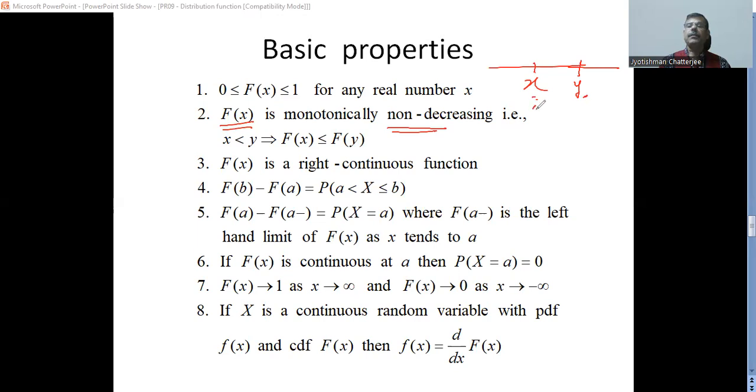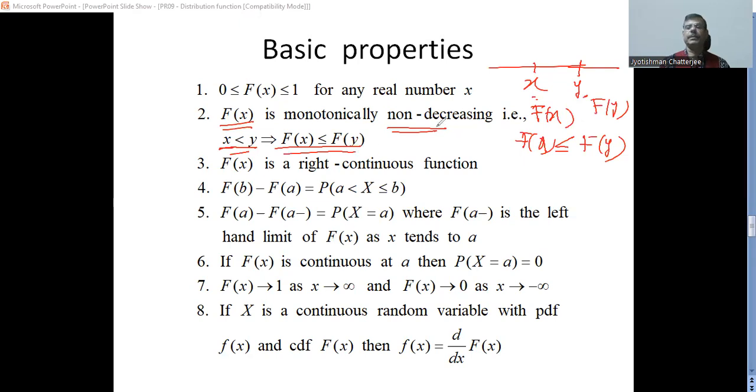At x the function value is F(x). At y the function value is F(y). F(y) must not be less than F(x). So F(x) must be less than or equal to F(y). That's what this property is. What it says is, for x less than y, F(x) is less than or equal to F(y).